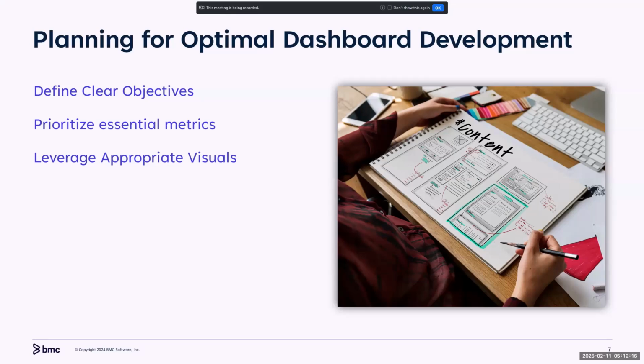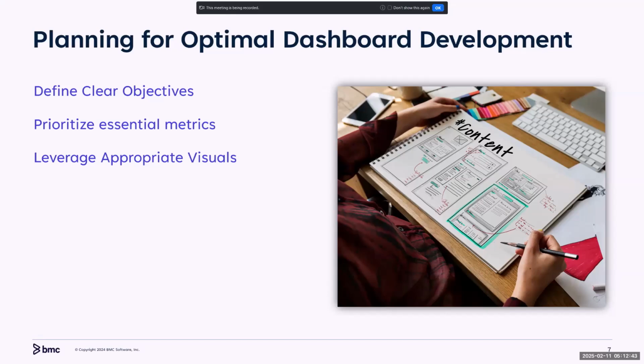The next stage is prioritize the essential metrics. So we need to focus on the important KPIs that are most relevant to the use case, avoiding unnecessary visualizations or data that dilute the primary focus. So we can use the variables and drill through capabilities to showcase the details in another dashboard without cluttering the main view.